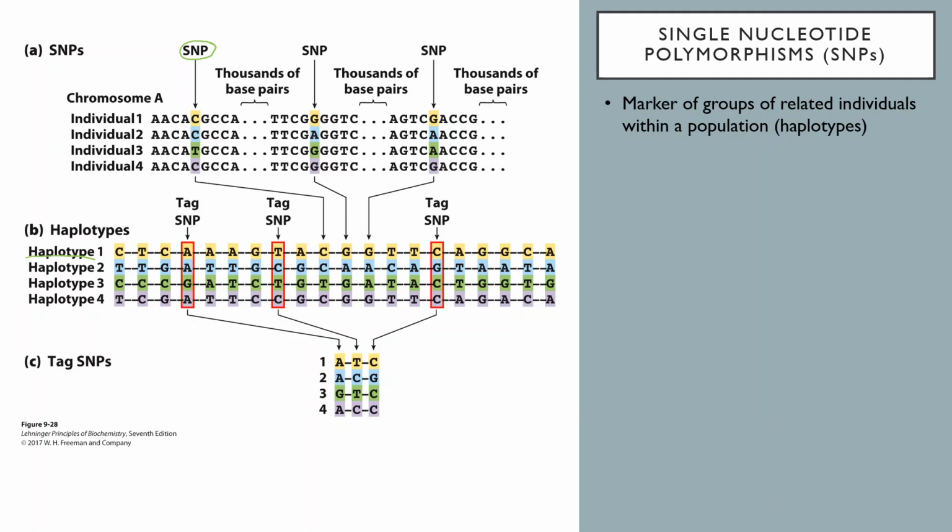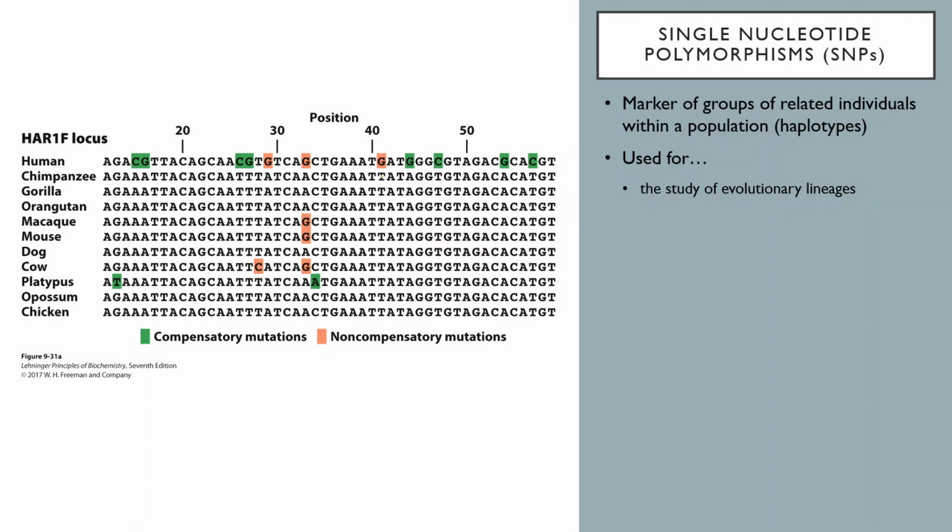So when people are studying genetics at this level, looking for these SNPs, rather than sequence the entire genome, there are systems that only look at a subset of SNPs within the genome, and those are called tag SNPs. So for any given haplotype, there's a small number of tag SNPs that are used to identify someone as being in that haplotype. So you can use these SNPs and the haplotypes to study relationships within a species.